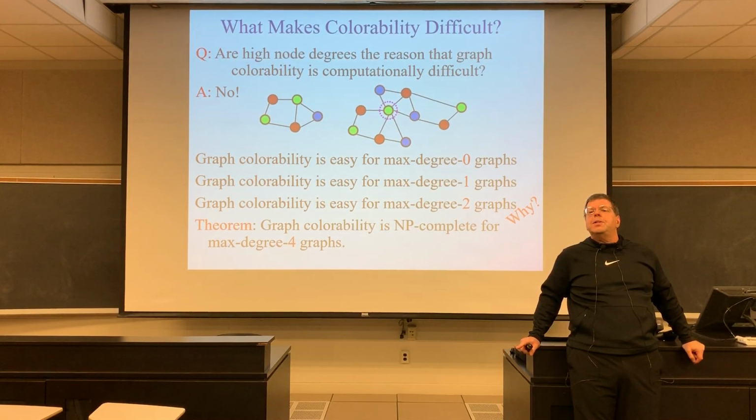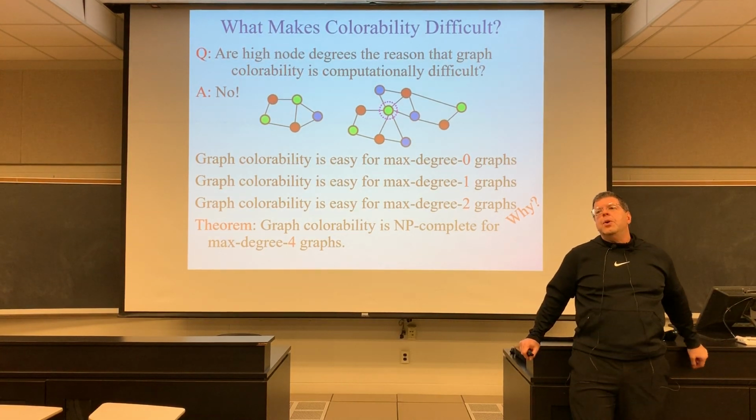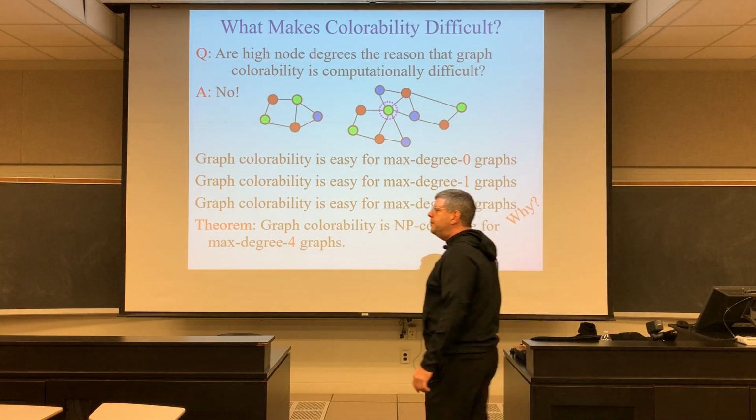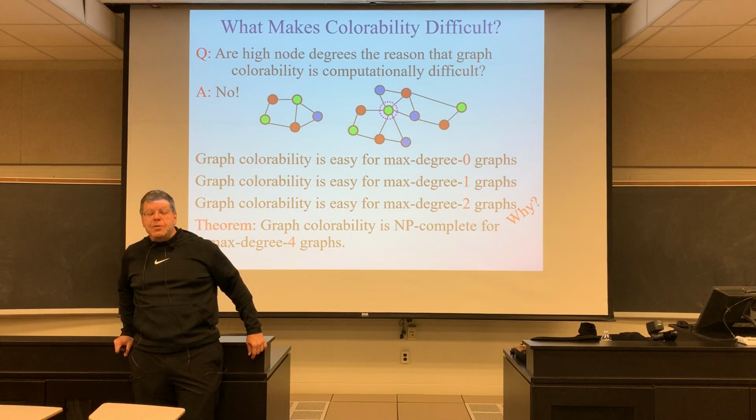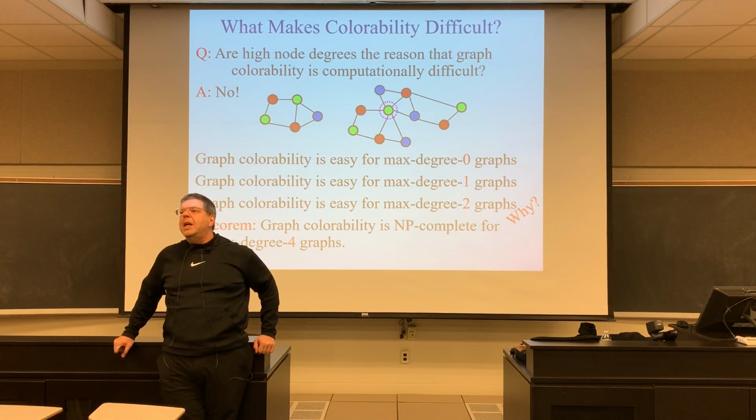Why 3? What cycles take a 3rd color? Odd cycles. So a max degree 2 graph requires 3 colors at most, and the only case where it does require 3 colors is when it has odd cycles. It's an if and only if. That's a theorem. And we just proved it.